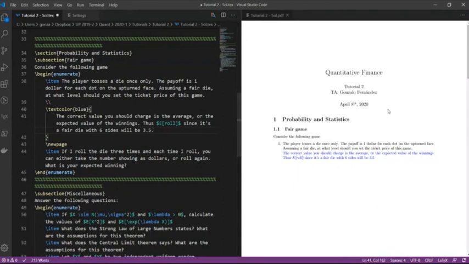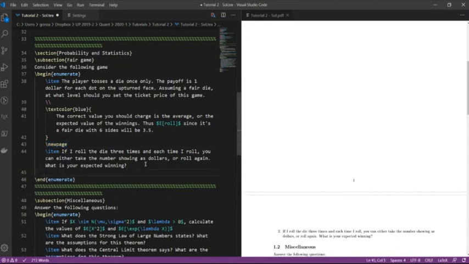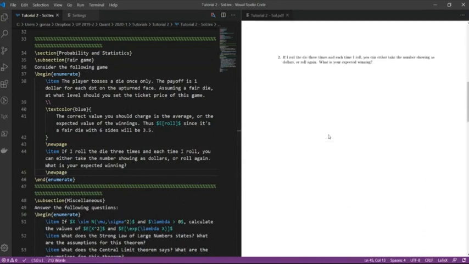Now let's go into the next question. And I'm going to insert a new page as well over here. So the second question is that in the first exercise, we just rolled the die once.